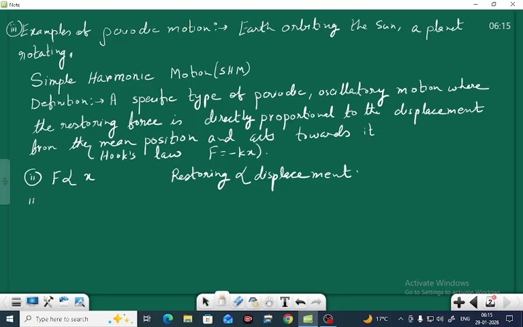Number 3 is acceleration. About acceleration, what happens? How do we get the acceleration? A is directly proportional to x, where A is acceleration.